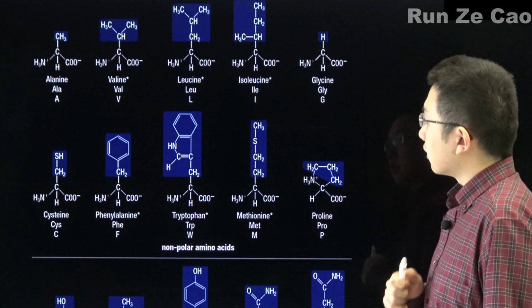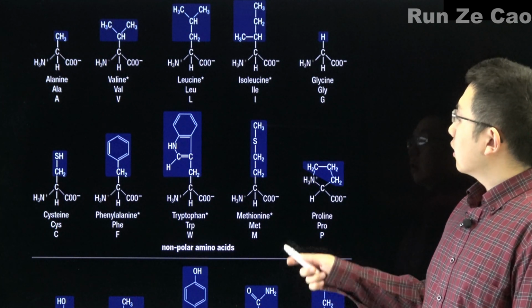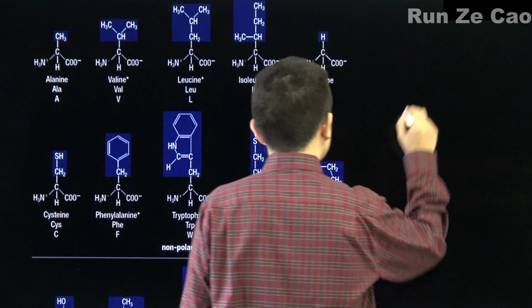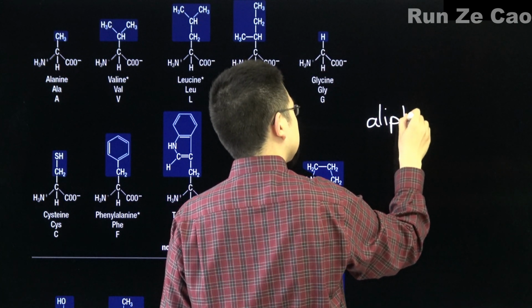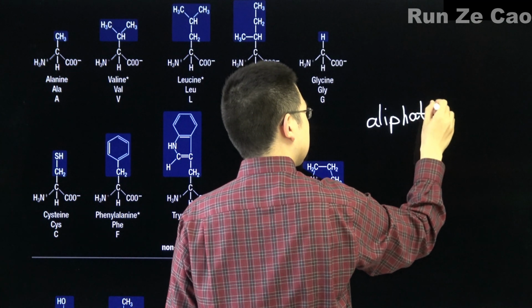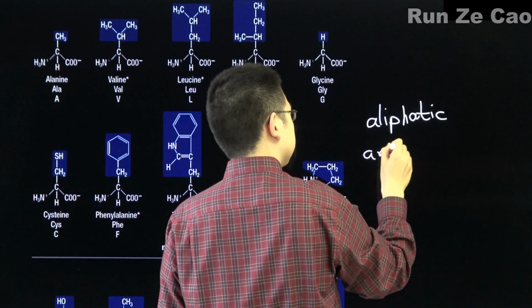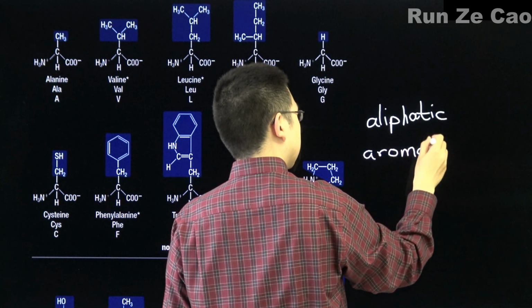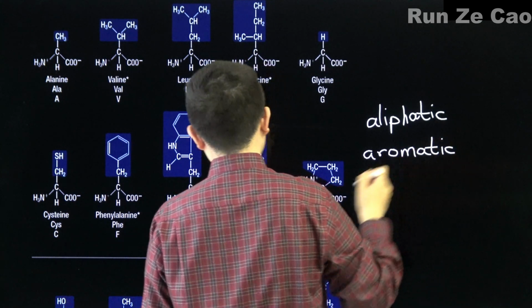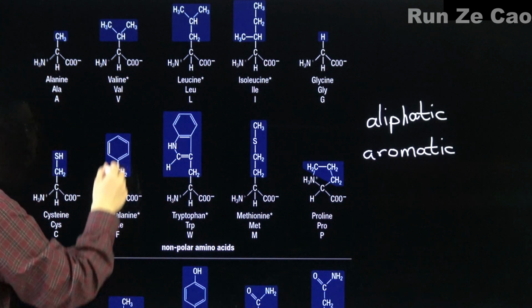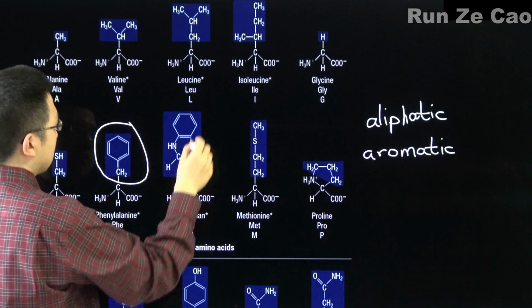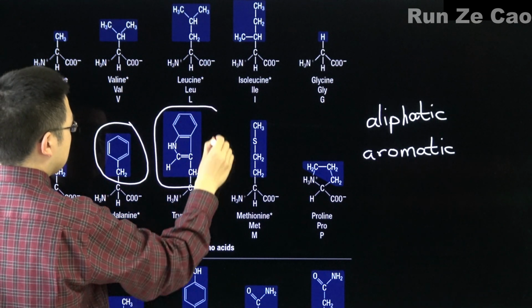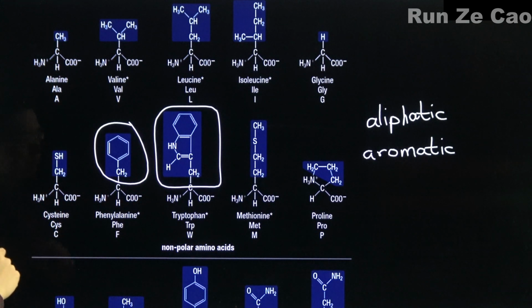These here are all non-polar amino acids. They are sometimes referred to as aliphatic and aromatic. Aromatic means that you have a benzene ring or a structure that's derivable from a benzene ring.